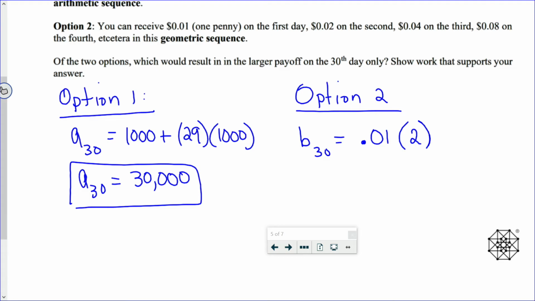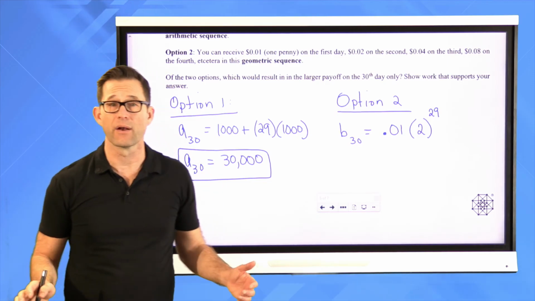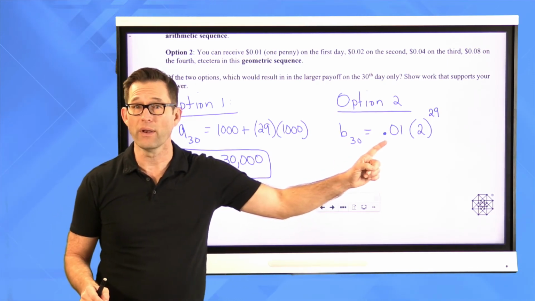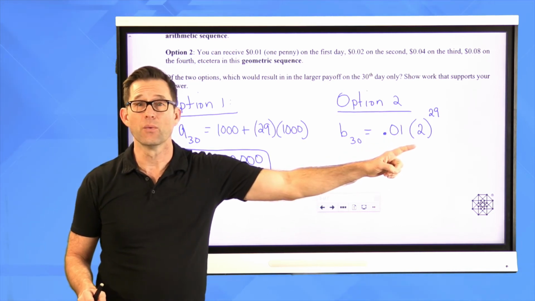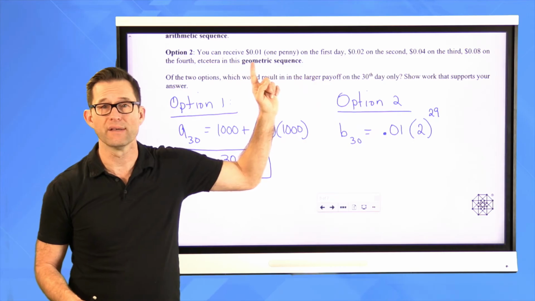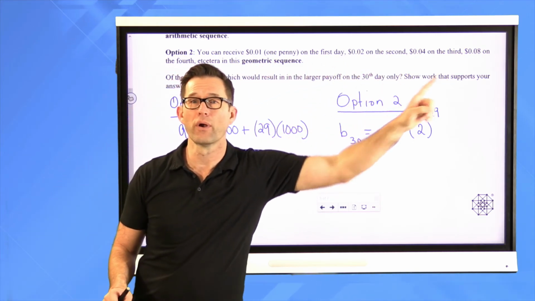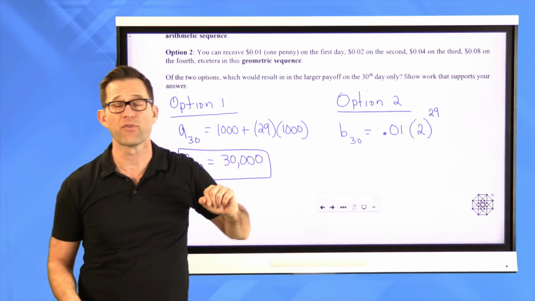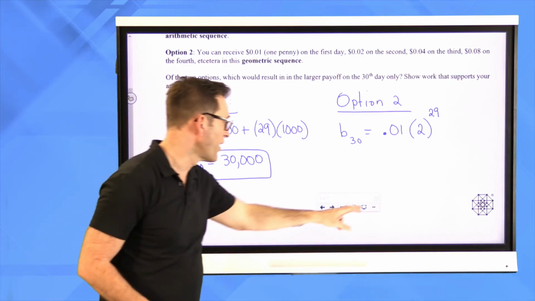Well, we're doubling each day, raised to the 29th. So before we plug that into the calculator, let's just make sure we understand it. For a geometric sequence, we always take the first term, which is 0.01 in this case, multiply it by the common ratio, which is 2. Hopefully everyone recognizes we're going 0.01, 0.02, 0.04, 0.08, so we're doubling each time. And again, we're going to raise it to the 29th because we do it one less time than the number of terms.